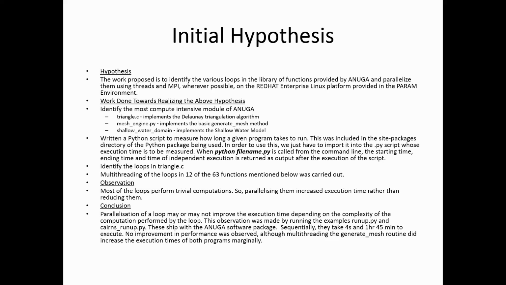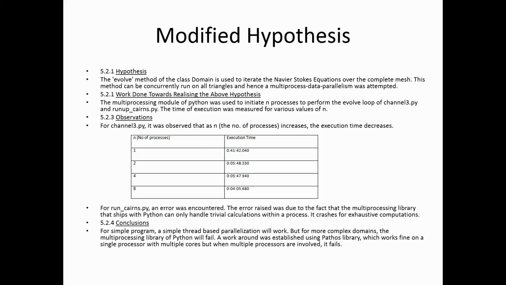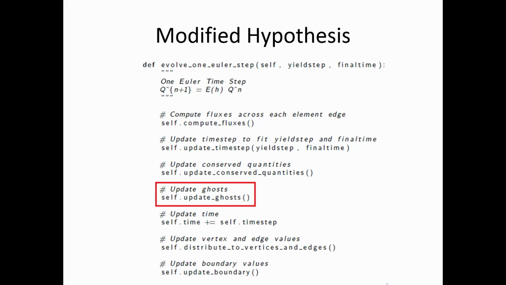So this was abandoned halfway through, and we used a modified hypothesis in which we used threads to just execute the evolve method of the class domain in parallel. Here we have observed that from 41 minutes the time has reduced to just 6 minutes with 2 processes, to 5 minutes with 4 processes, and 4 minutes with 8 processes. So thus we have seen that the time has reduced.